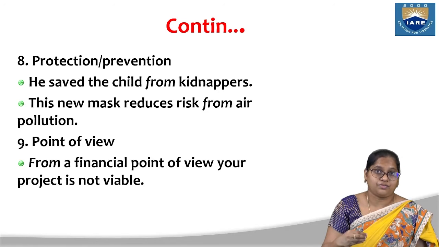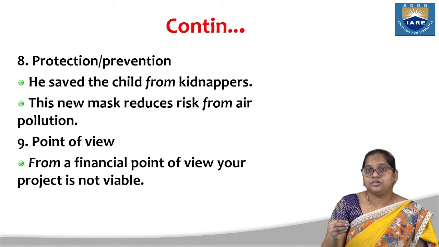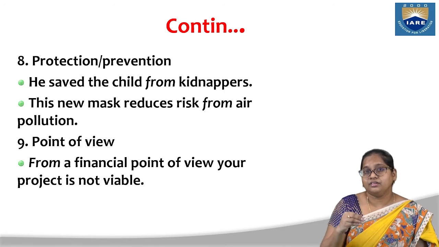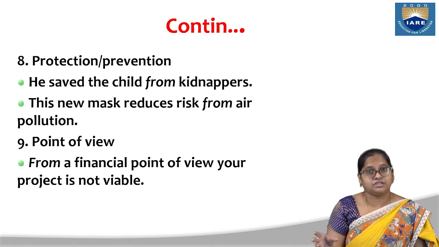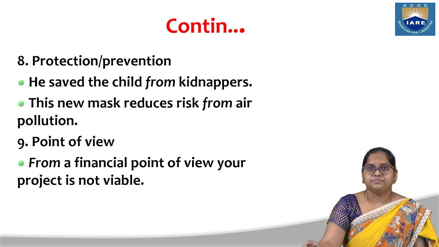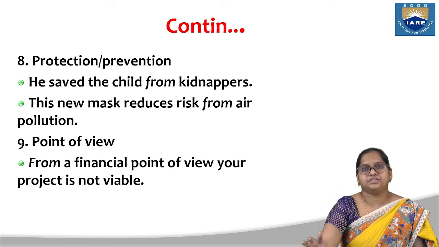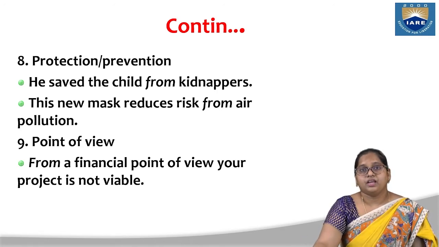I was protected from them, or it will reduce the danger of risk from that particular disease. When you are talking about protection or prevention, you can use the preposition from.